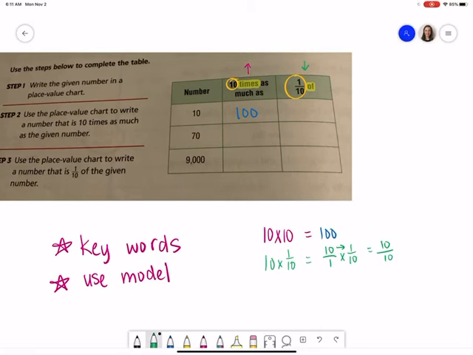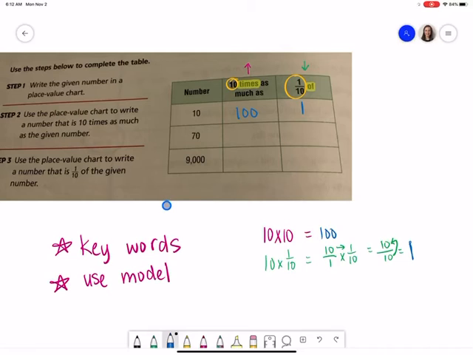Okay, and if we were to simplify that, if we were to break it down, we could say 10 groups go into 10 how many times? How many times can we put 10 into 10? We can put it in one full time, right? Okay, so that lets me know, we'll do that in blue, that 1/10 of 10 is 1.